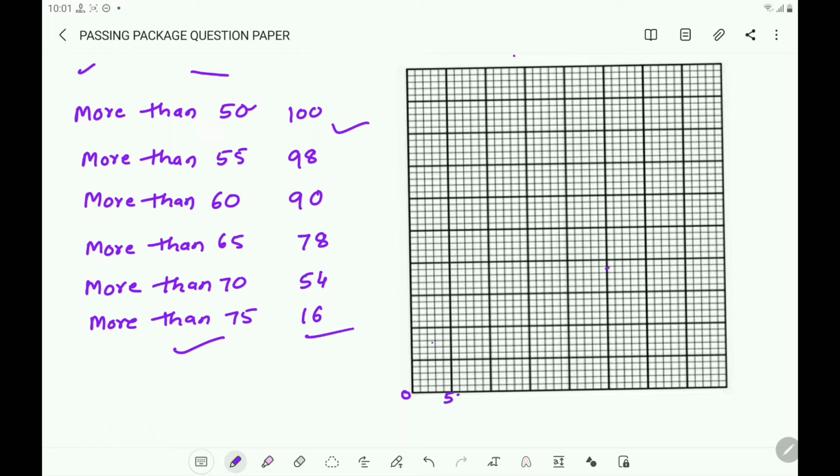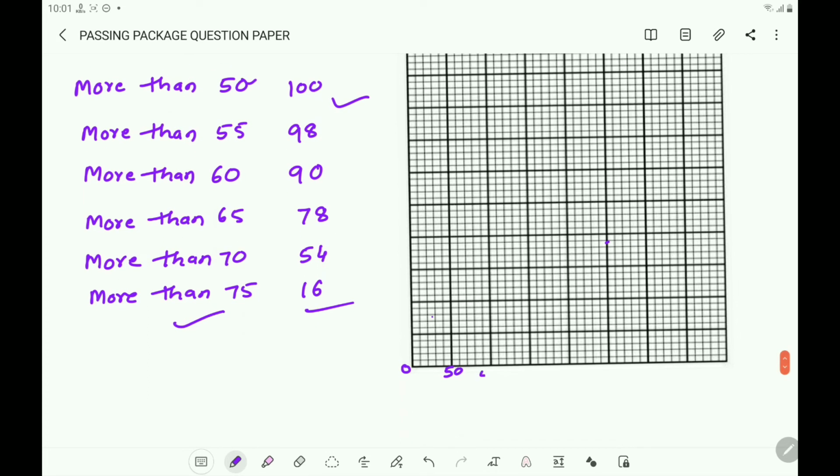So write 50, 55, 60, 65, 70, 75, 80, and here maximum is 100, so you take 10, 20, 30, then 40, 50, 60, 70, 80. So this is cumulative frequency and this is lower limit.